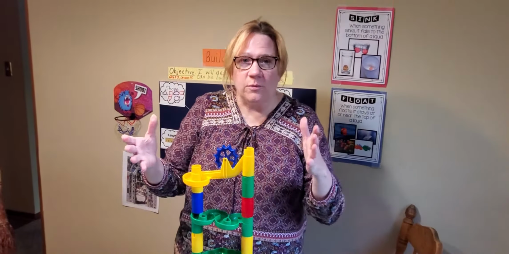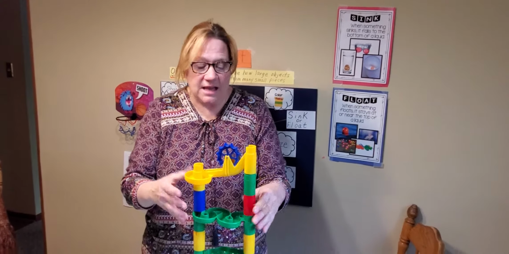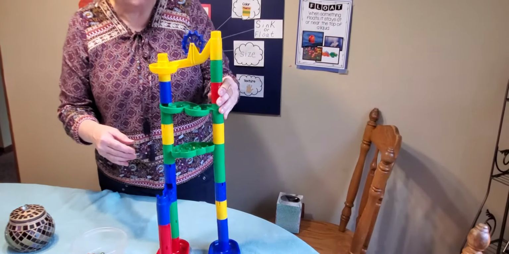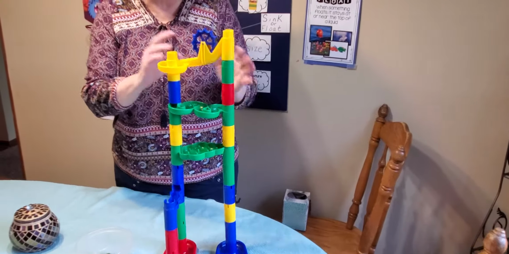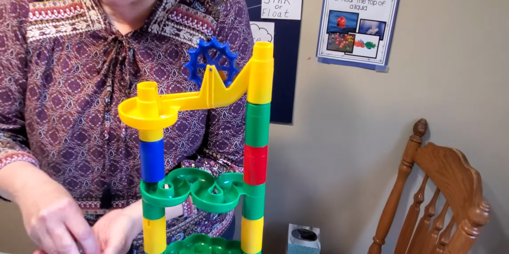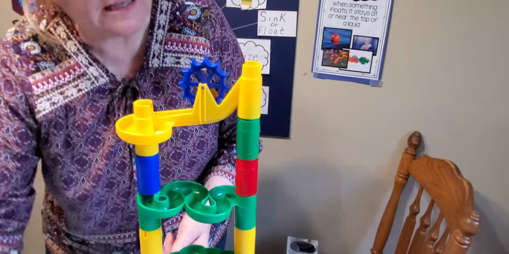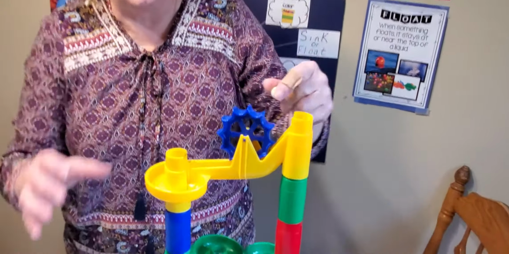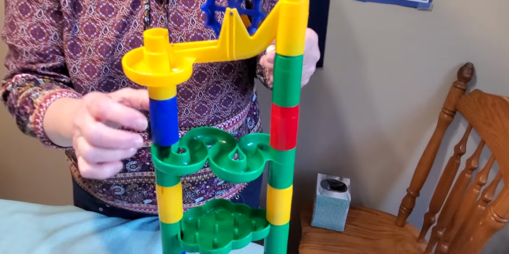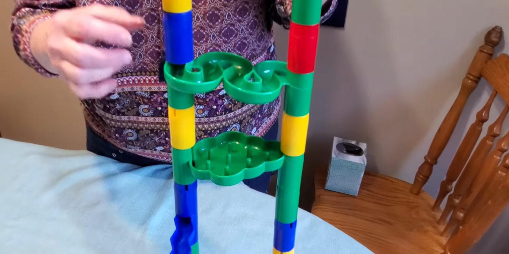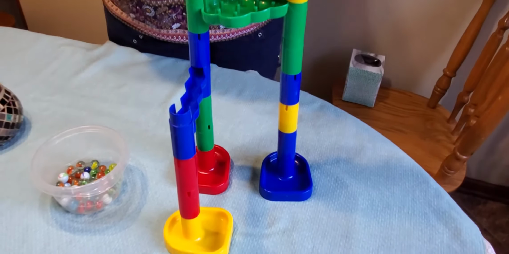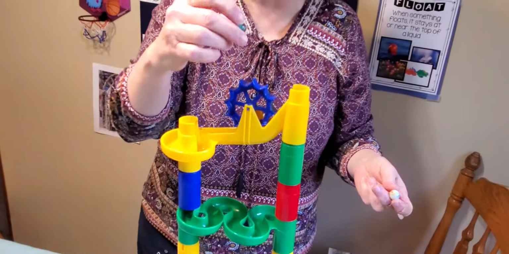Okay, so now we have taken our small pieces and built this larger structure. Okay, so it starts up at the top. This just has different features. It will go in different directions. So I'm going to start taking some marbles and placing them at the top to see where they go. Now I want you to think about the different sections they're going down and understand that each different color is a different piece that is making up this larger structure. Okay, here we go. It's going to get a little bit noisy.